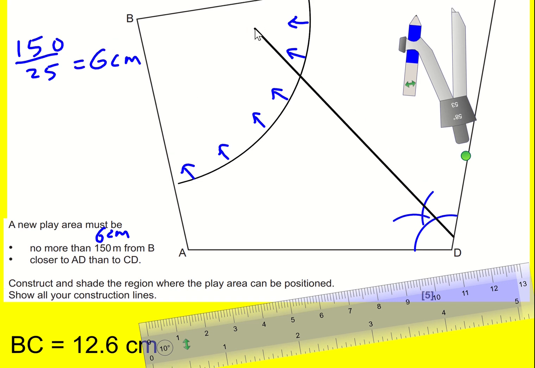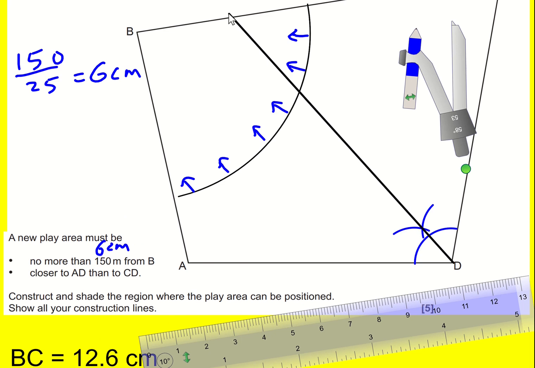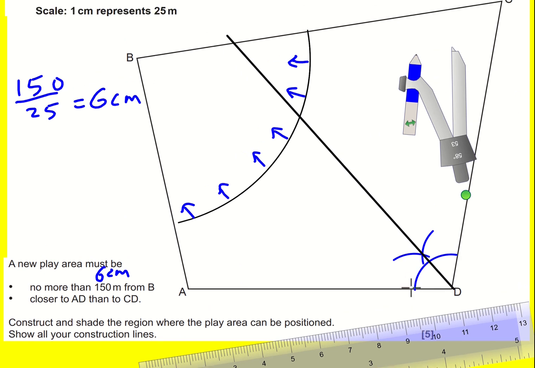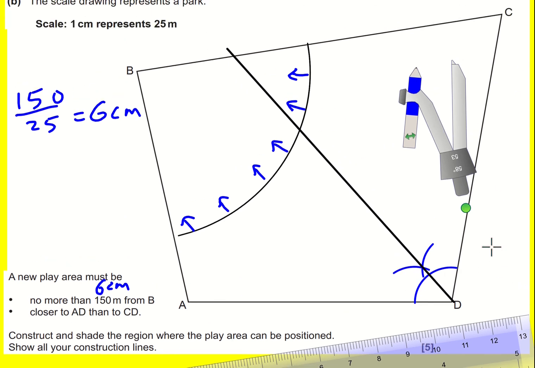So I'm going to do it all the way like so, and that is the line that basically splits the angle into two, and it also means it's the same distance away. This line is the same distance away from CD as AD.